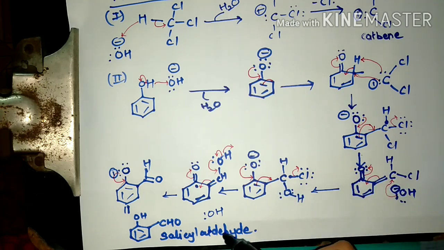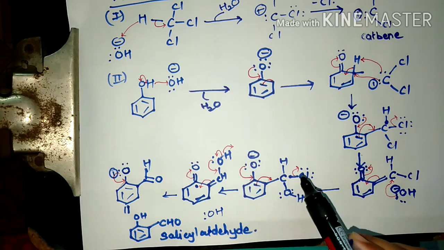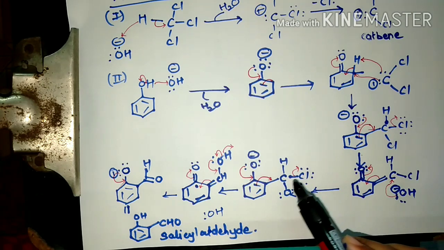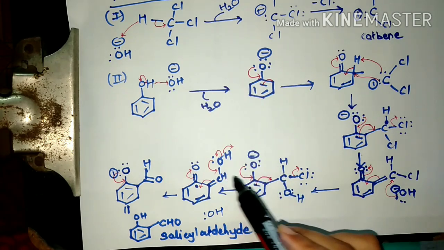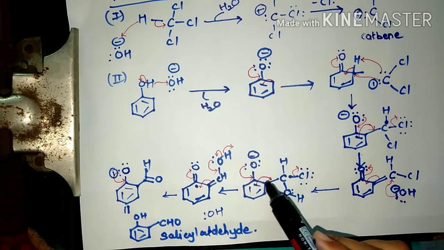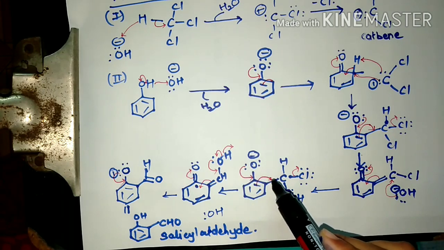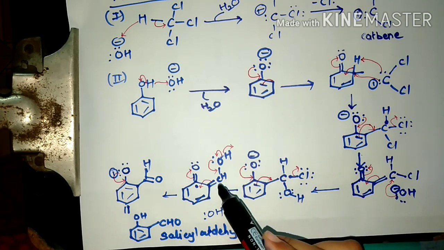Now in the next reaction, after this intermediate formation, this carbon leaves this chlorine group, so carbon becomes a carbocation again. To stabilize this, oxygen gives its electron to the benzene ring, this double pi bond is taken by this carbon, formation of a double bond again.